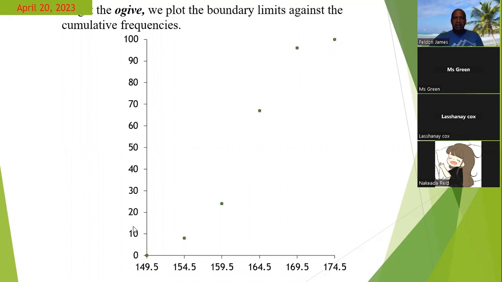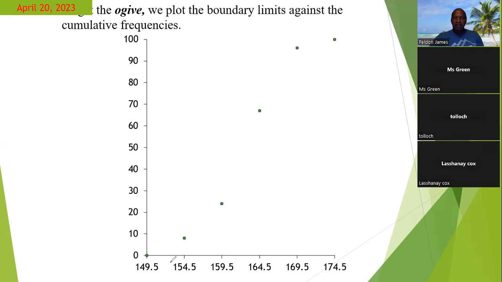So you have on your x-axis, you would start off. You notice that our cumulative frequency table starts with 149.5. And if you notice on this axis, closer to the 0 position, we start our values from 149.5.